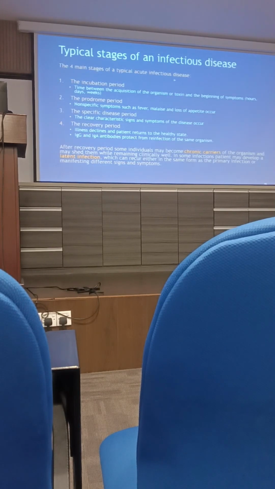Okay, typical stages of an infectious disease is the first is the incubation period, followed by the prodrome period, which is the initial symptoms that are seen, specific disease period, and then the recovery period. And some individuals can become chronic carriers, and some infections can be present as latent in their body and then cause infection later. Okay, and that was our last slide.